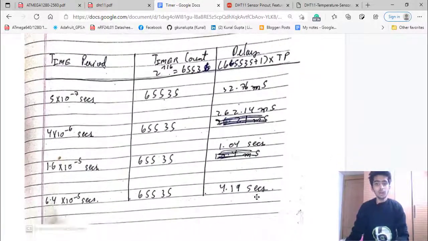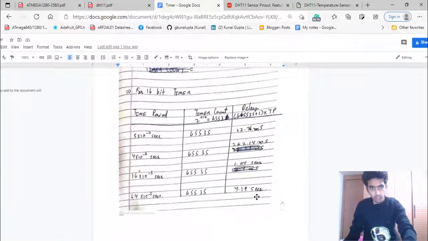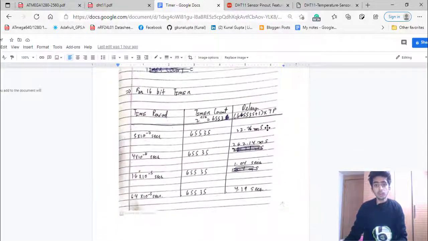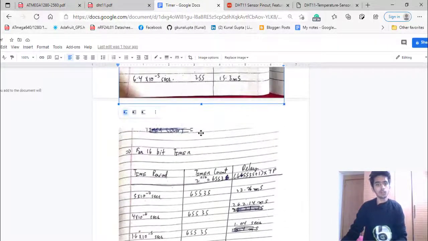It seems very fast to the human eye, but it actually takes a lot of time inside a microcontroller. For us, microseconds and milliseconds are nothing, but in just 32.7 milliseconds, our timer has taken 65535 steps. So these are so much faster inside a microcontroller.